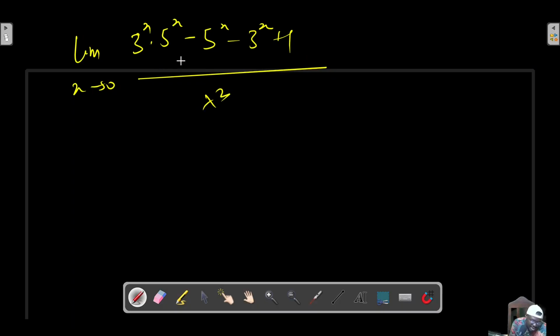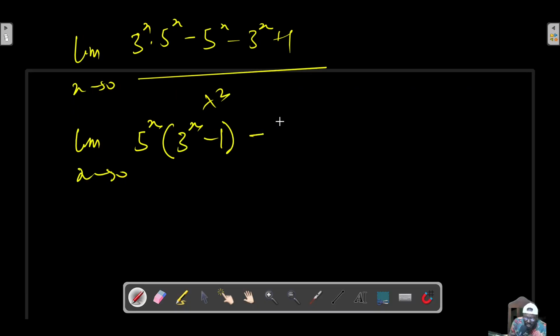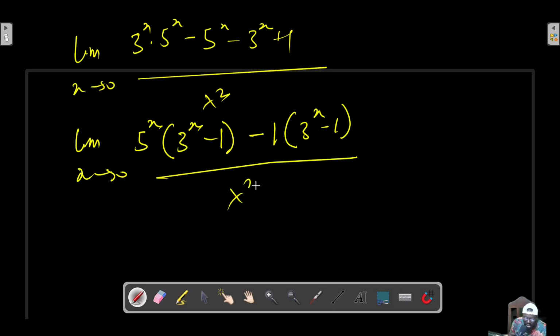Then I can rewrite this as, because I can factorize from considering this term and this term, I can perform some factorization because the common term over there is 5 to the power x, bracket open, 3 raised to the power x minus 1, minus 1. I get 3 raised to the power x minus 1, all on x squared.